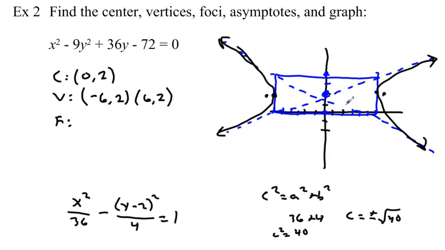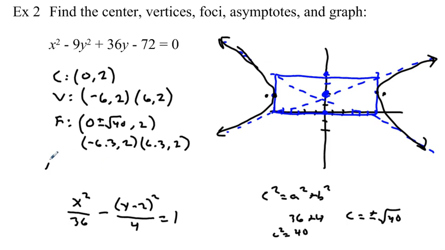Now, another way to write that is to say, hey, we're going left square root of 40, right square root of 40. So if I'm starting at 0 and I'm going left and right, the square root of 40, comma 2. That answer is perfectly okay. If you wrote negative 6.3 comma 2 and you wrote positive 6.3 comma 2, that answer is perfectly okay as well.